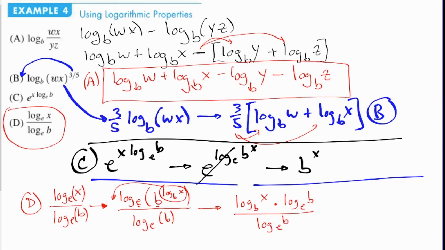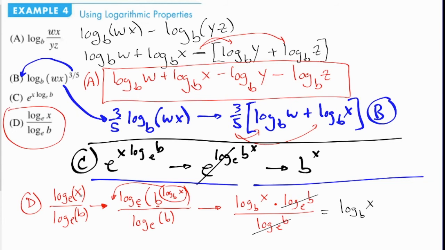So we've used these log properties to rewrite it, and much to our surprise, log base e of b will cancel now, and this gives us a final, simplest form of log base b of x.